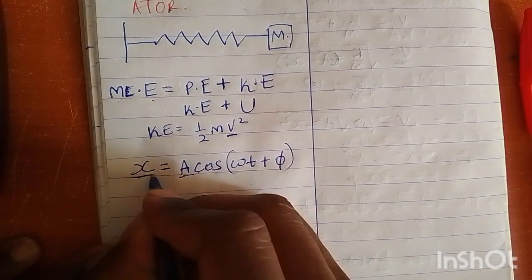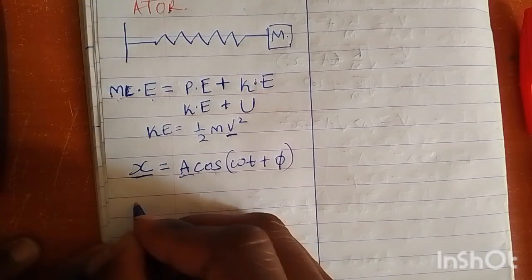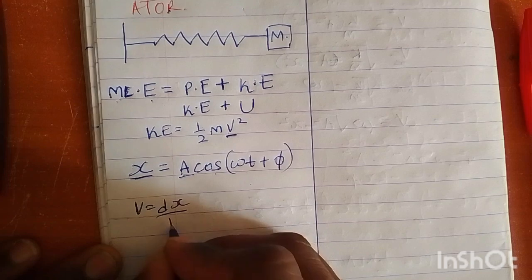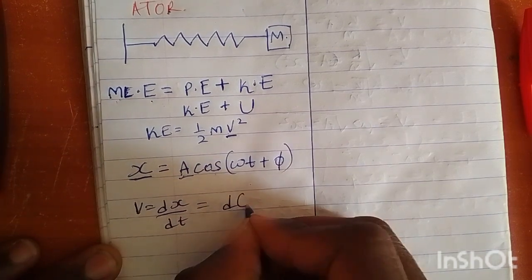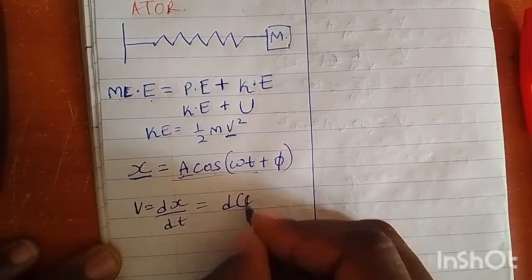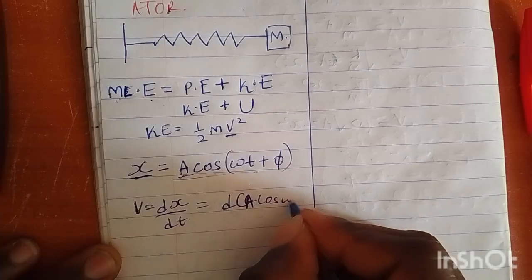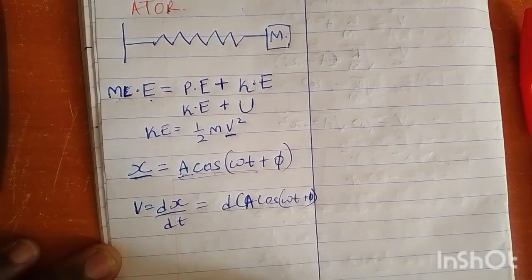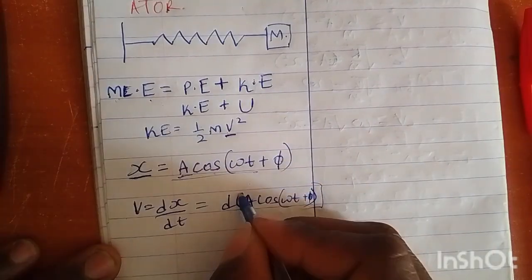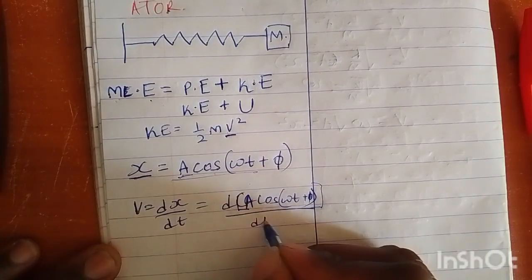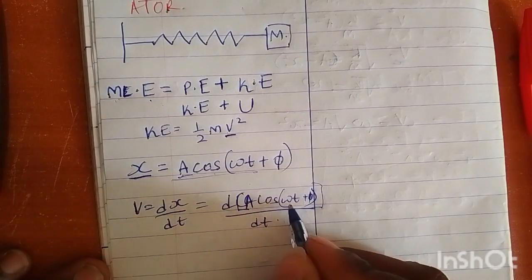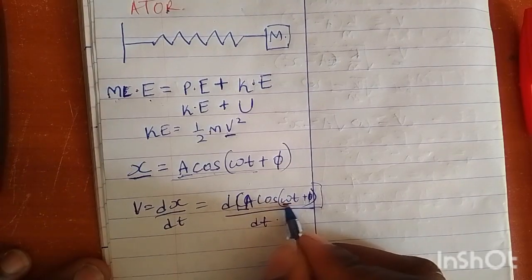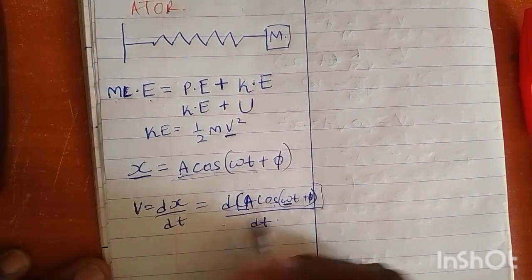we take the first derivative of displacement, which is v equals dx over dt, which is d of A cos(omega t plus phi). When you differentiate the time function, omega comes outside.